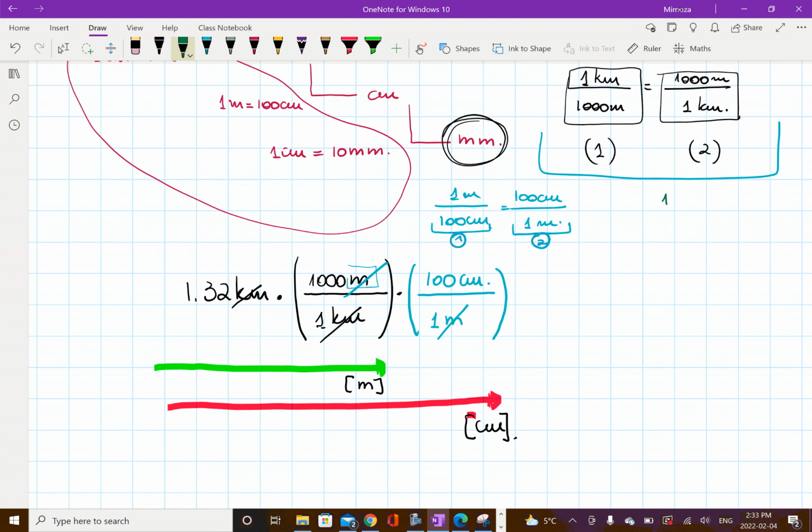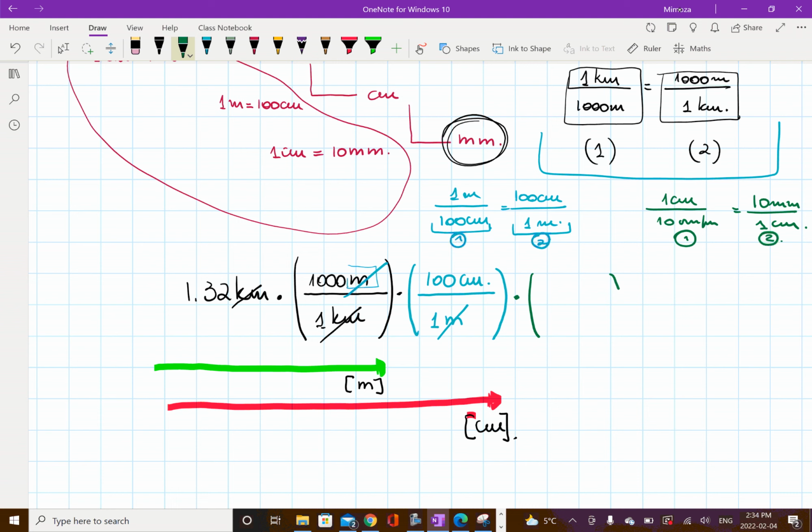So 1 centimeter has 10 millimeters, or 10 millimeters is 1 centimeter. Again, we have ratio 1 and ratio 2, which actually are ratios of 1. They are talking about the same thing, in this case, the same length.